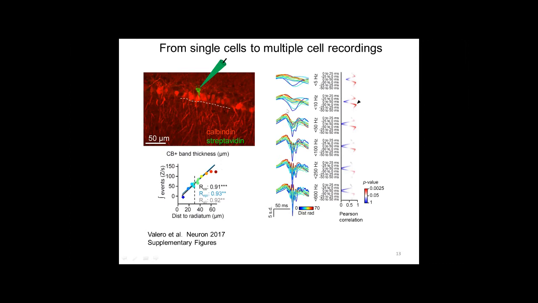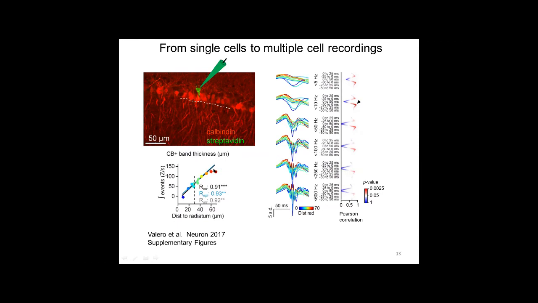And as I said, we computed whatever measure of the extracellular event using different filters, and then we tried to correlate that with the distance to radiatum and look for the best match possible. And we noted that the maximum ripple power basically peaked somehow a bit into the deep layers and not really at the border.